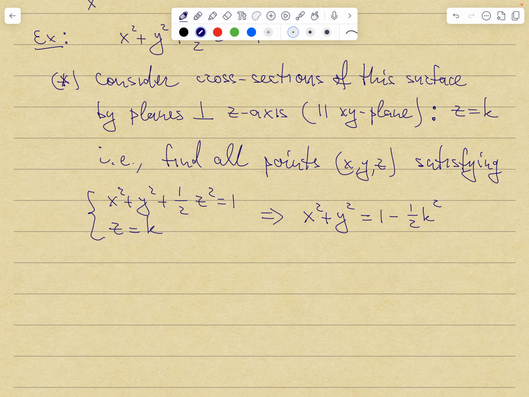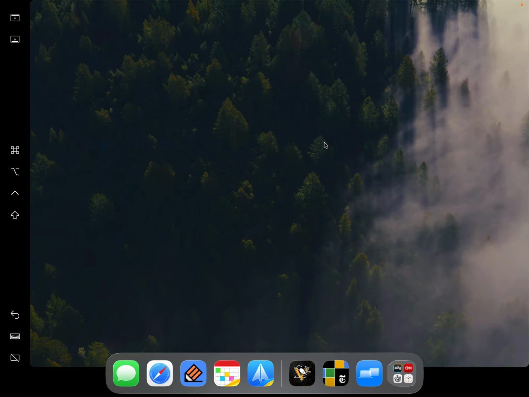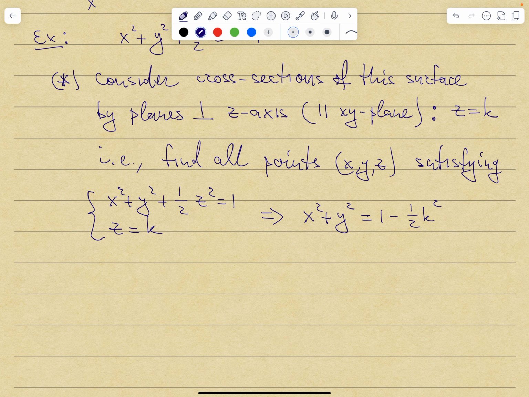Well, and in this case, you see that x squared plus y squared on the left is a quantity that is always non-negative. And therefore, the quantity on the right must also be non-negative, so 1 minus 1/2 k squared has to be greater or equal than 0.